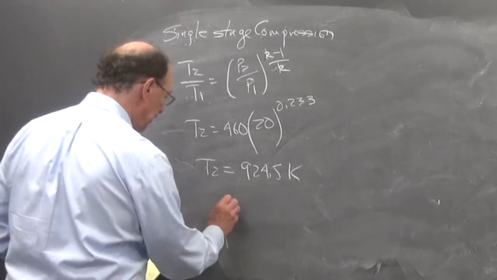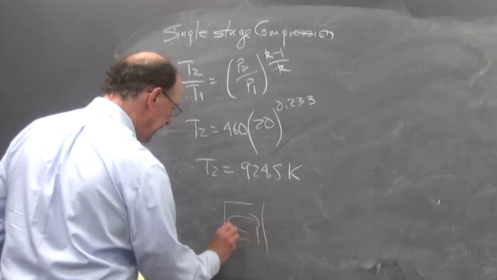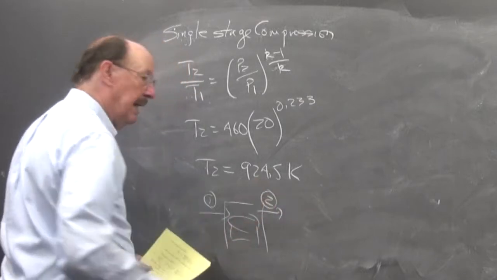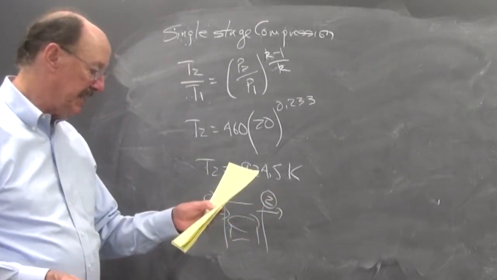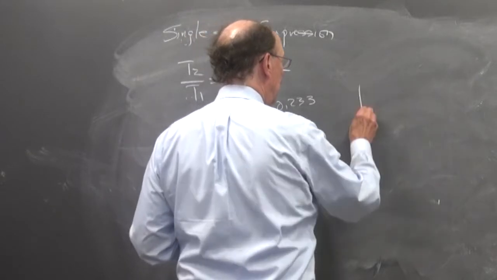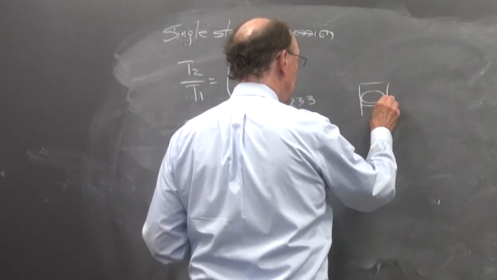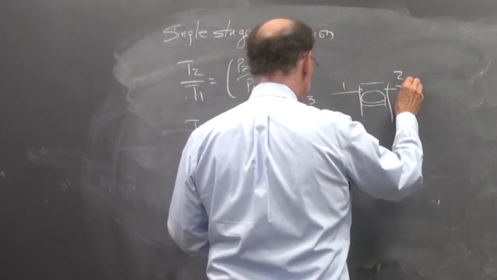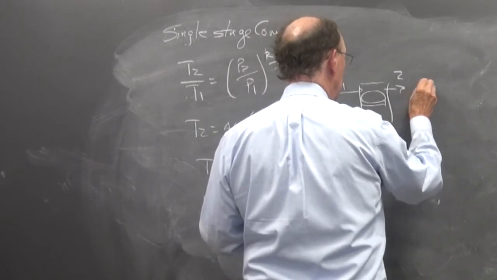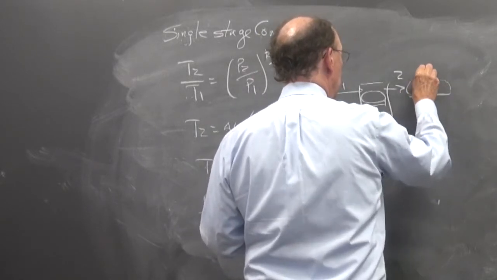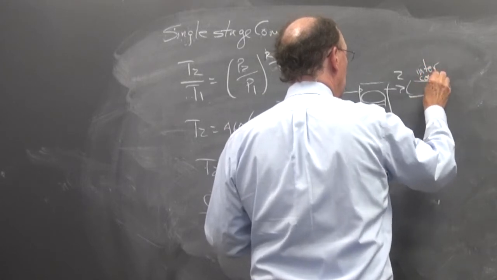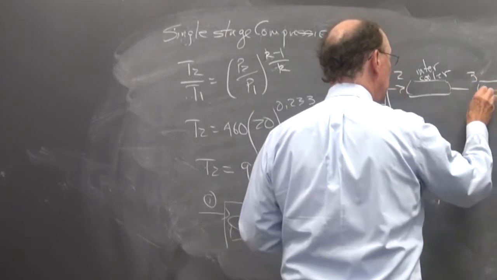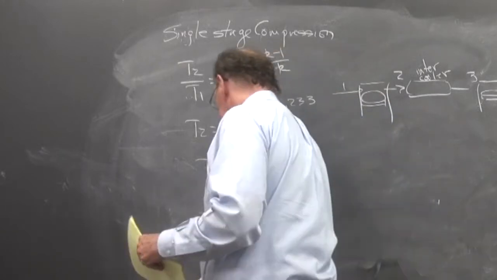So this is a single stage compression, and this would give me the discharge temperature coming out of that. So if I had one stage of compression, I had the intake, so I'd have it going in and going out. And now what we want to do is have a multi-stage compression. So we'll have a cylinder here. We'd have it going in at 1, coming out at 2, going through the intercooler, coming out at 3, going into the second stage, and coming out at 4.